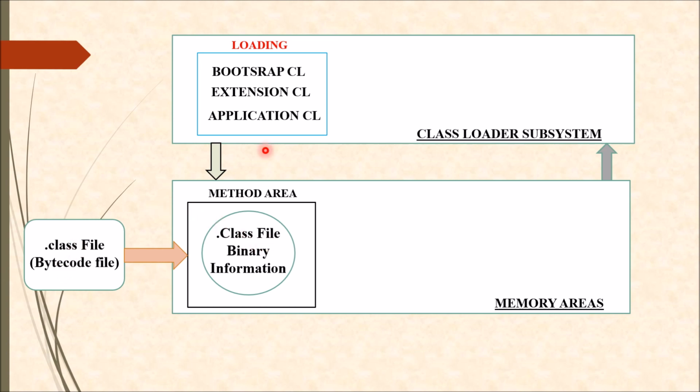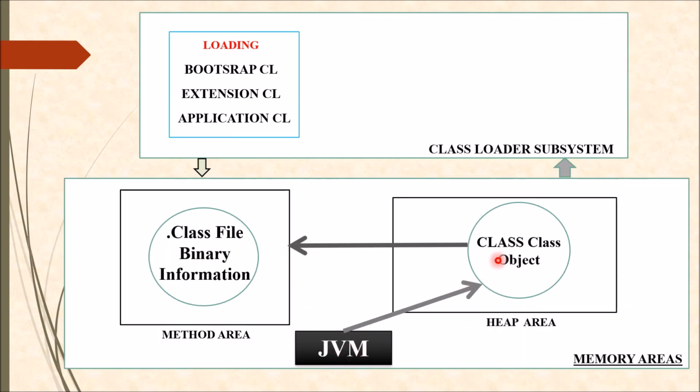I also explained that just before loading this .class file inside the method area, JVM instantly creates this class object which will represent the class level details inside this .class file, such as how many fields there are, how many methods, the list of methods, and the constructor information. It will represent this .class file with the help of this class object.